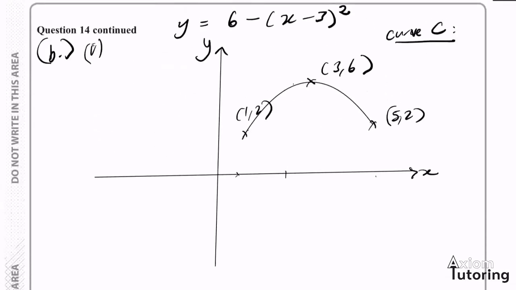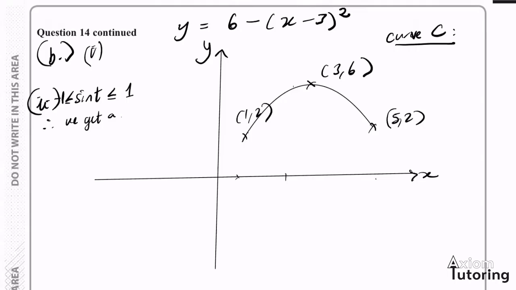This is for part I. For part II, sine t is between 1 and -1. Therefore, we get a restricted range for values of x.